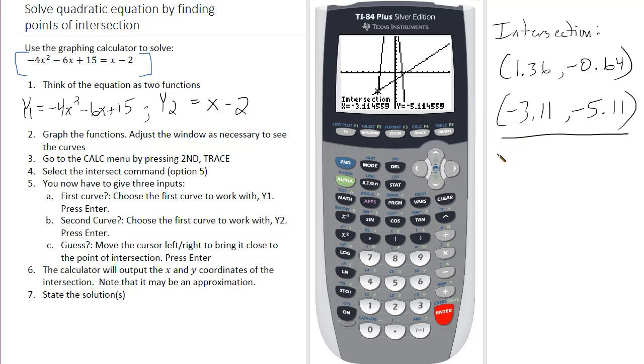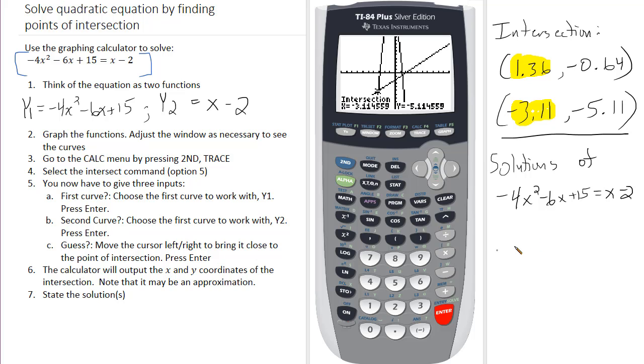So, the solutions of negative 4x squared minus 6x plus 15 is equal to x minus 2 would be approximately the x values of the points of intersection.